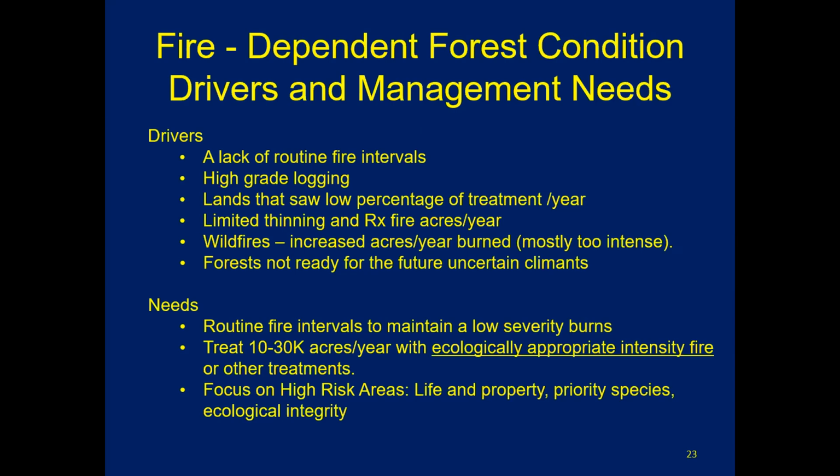And we also need to focus on these high risk areas where life and property are at, priority species, that ecological integrity, watersheds, areas like that that provide a lot of infrastructure for the rest.